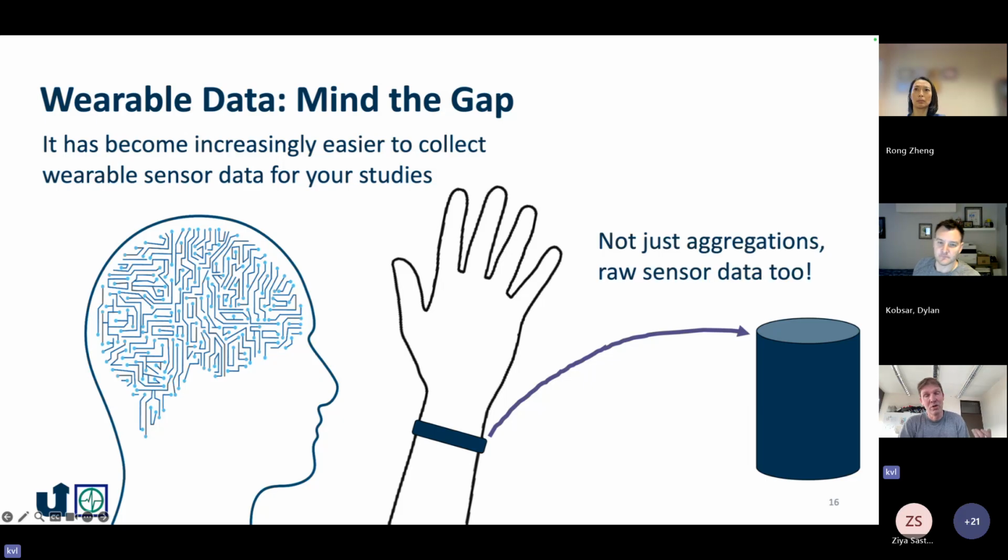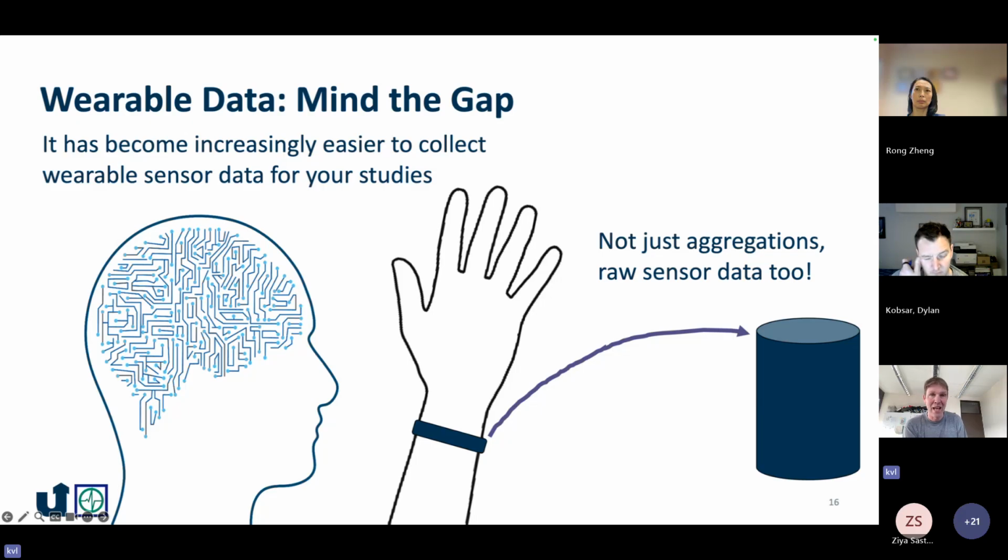The good thing is also there, 5 years ago, these were just aggregations. So for instance, you would get only the breathing rate or the heart rate per minute, so to say. You would get aggregations of how many steps a person has done in the last minutes from these wearables. That is not the case anymore. These wearables have been examined well enough, or basically reprogrammed by researchers well enough, so that we get the raw data at a much higher rate and at a much higher fidelity.